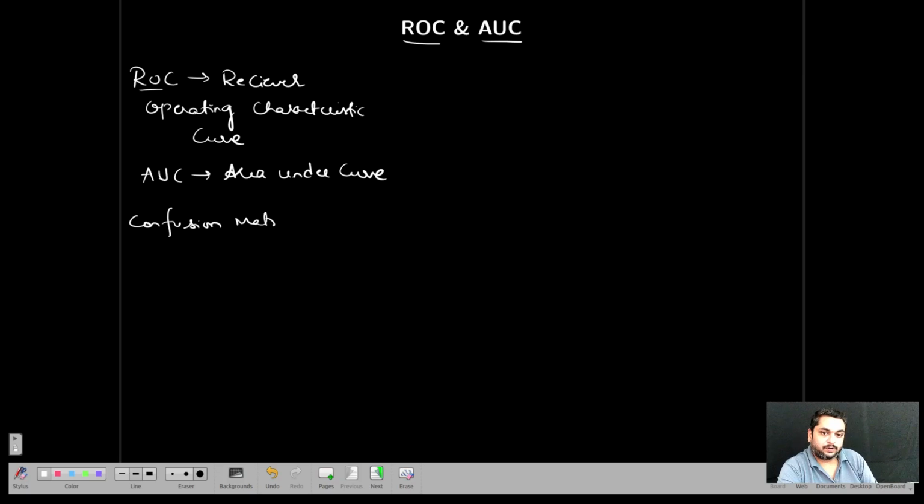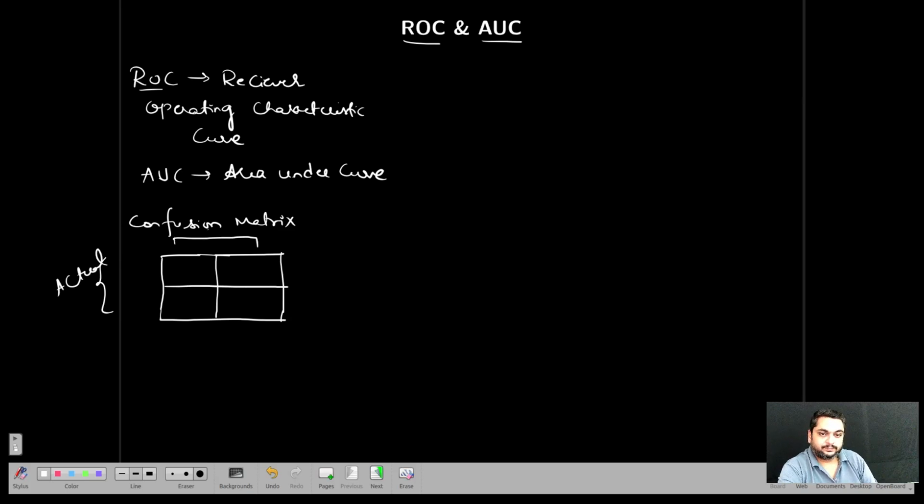So we already know the confusion matrix gives the rates for positives and negatives: false positive, false negative, true positive, true negative. So this is how you divide our confusion matrix. The rows indicate actual or true values. The columns indicate the predicted value.